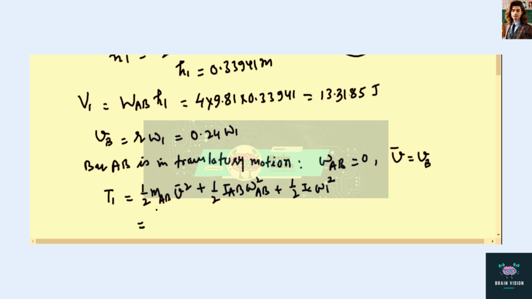Substituting the value, mass of the rod AB is 4 kg. Its velocity is 0.24 omega 1. Omega AB is 0.